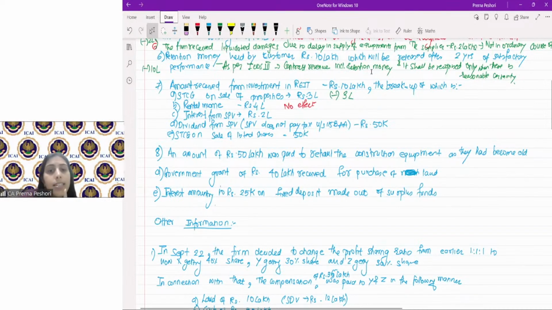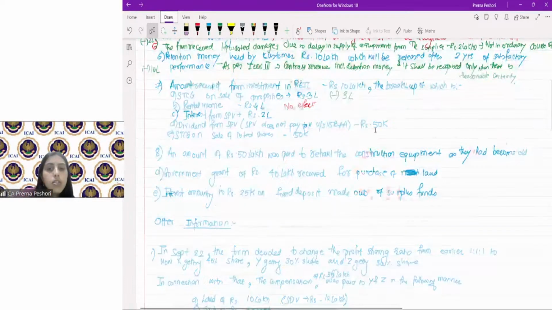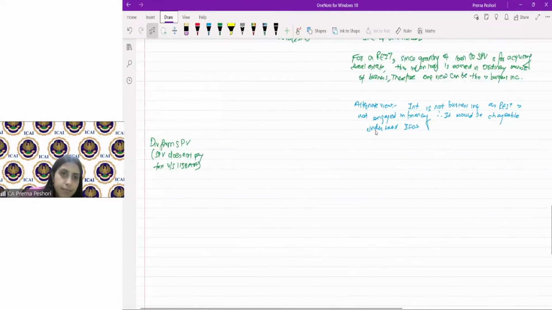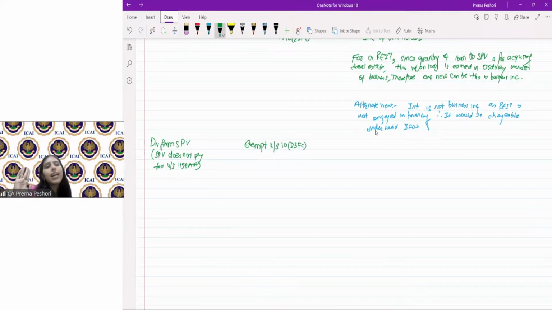So the dividend income is anyways, first of all, exempt in the hands of the business trust under section 10(23FC), irrespective of whether the SPV has exercised the option under 115BAA or not. What is 115BAA? The concessional tax rate of 22%.